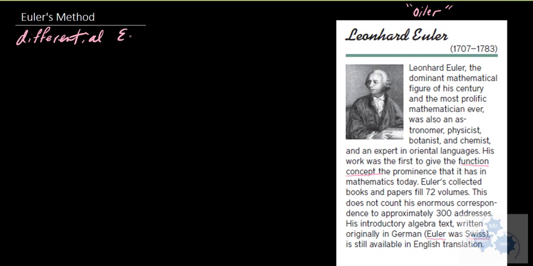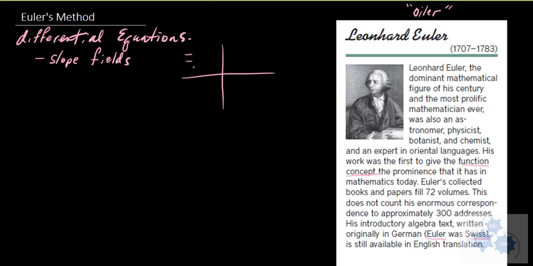And if you remember, in the past we've been working with differential equations. First of all, we used slope fields to graph, right? So if you remember something like this, if we had slopes like this, and then slopes like that, and then it went like this. Remember all this?